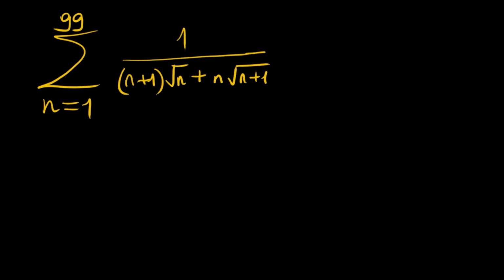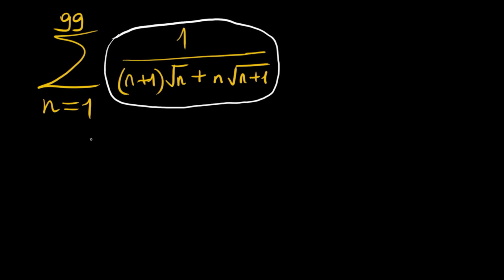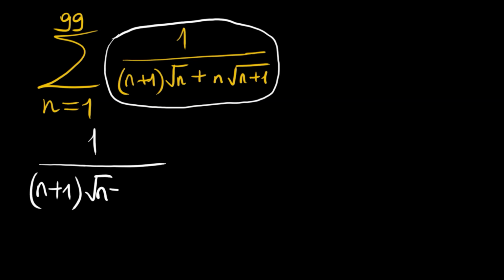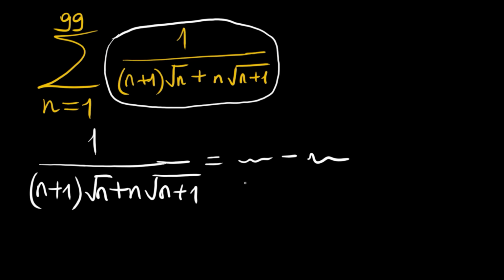Now, my friend, to be able to evaluate this, we will try to transform this fraction, 1 over (n plus 1) times root n plus n times root (n plus 1), into something minus something, since if we can do this, we will have some cancellation and we can evaluate the sum of the 99 terms. Let's try to do this.